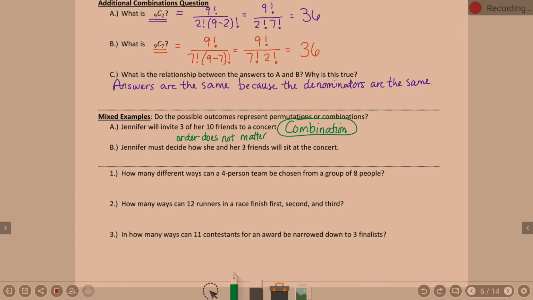So how you're sitting there is not the same. So this is a representation of a permutation, and it's a permutation because order matters. Anytime you are talking about arranging something, order matters. Okay?